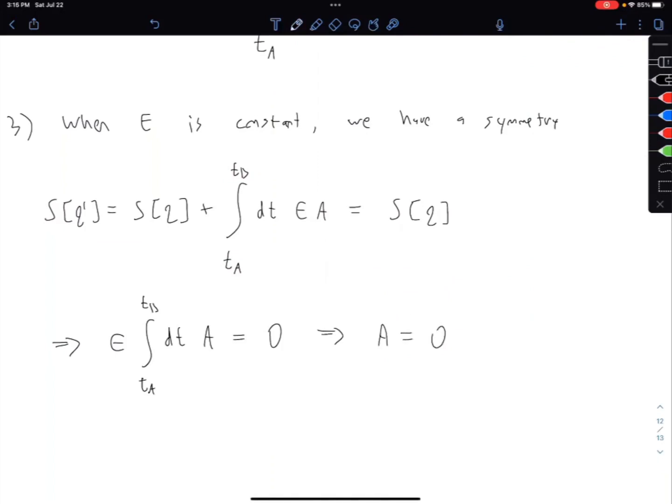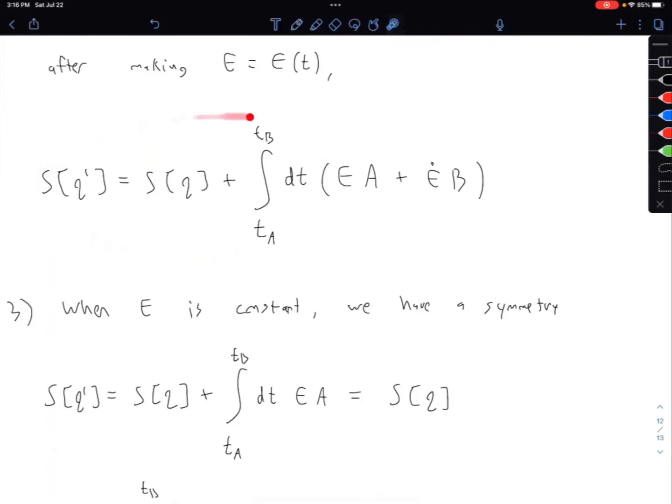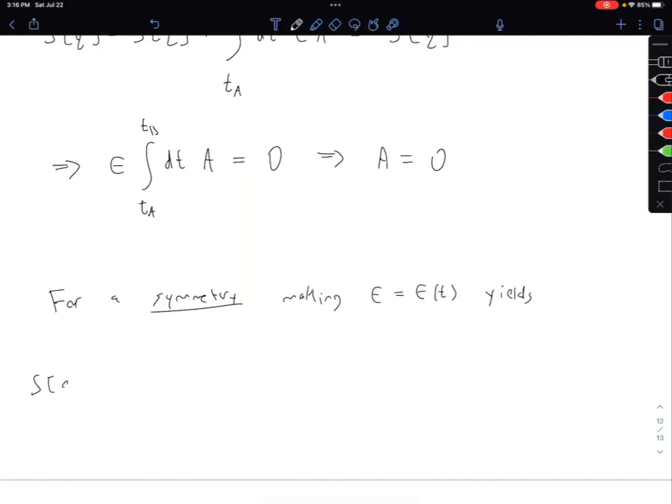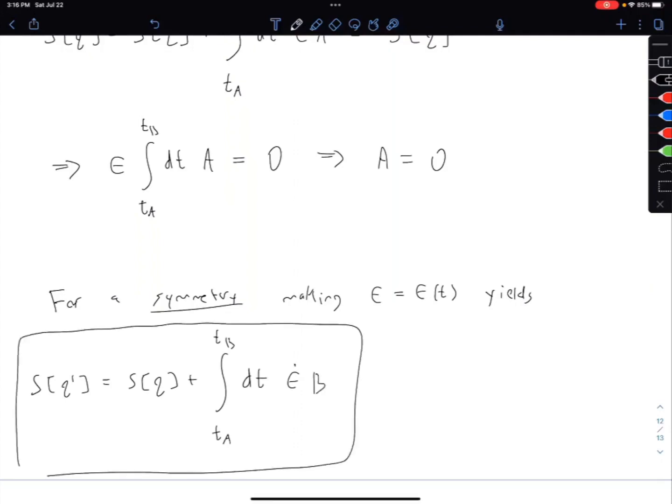Okay? Then, if I go back to this thing, what that means is that for a symmetry, making the parameter epsilon depend on time yields this.